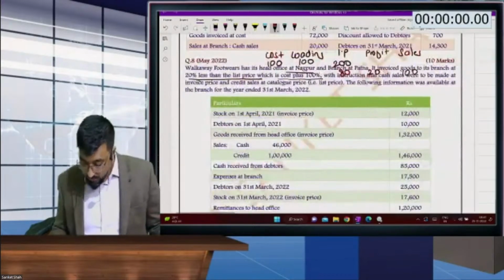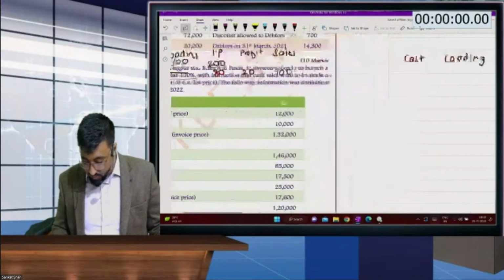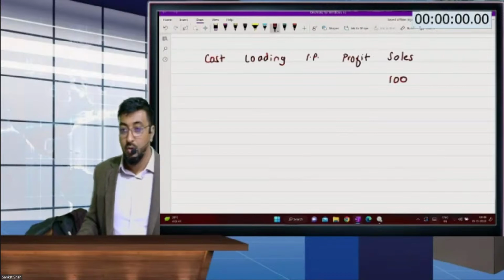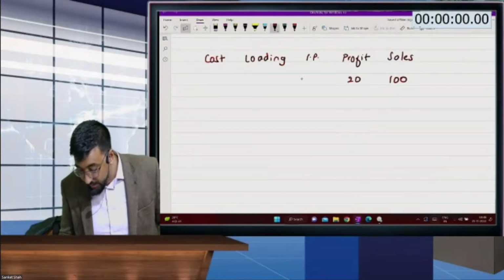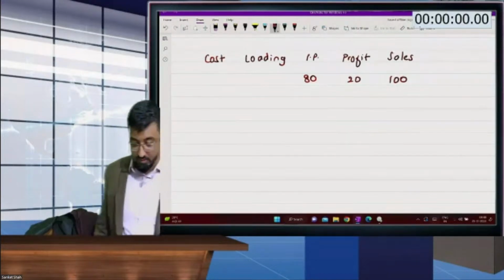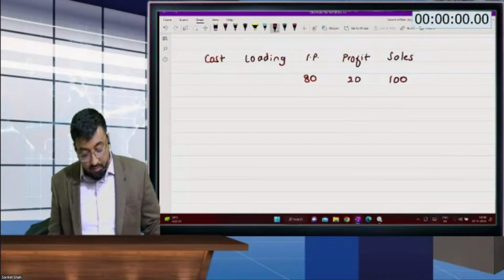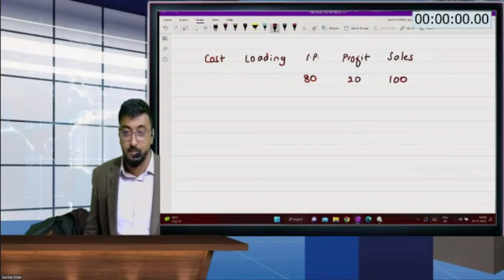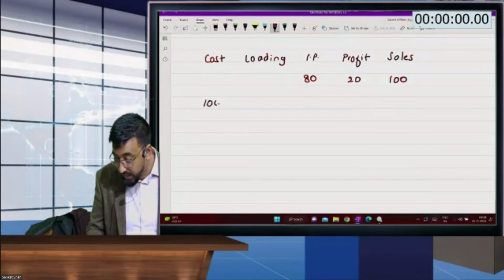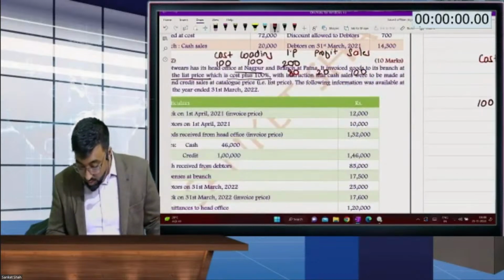What is given? Branch at 20% less than the list price. So if sales is 100, profit will be 20 and invoice price is 80. So the branch is sending goods at 80 rupees. And now what is given? That cost is 100, then invoice price, second line, cost plus 100%.